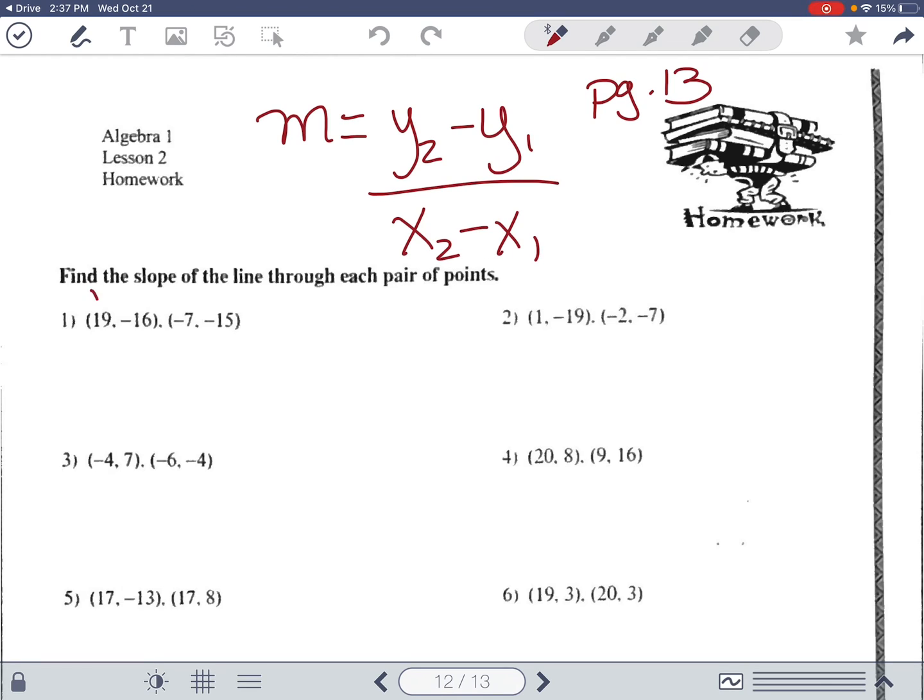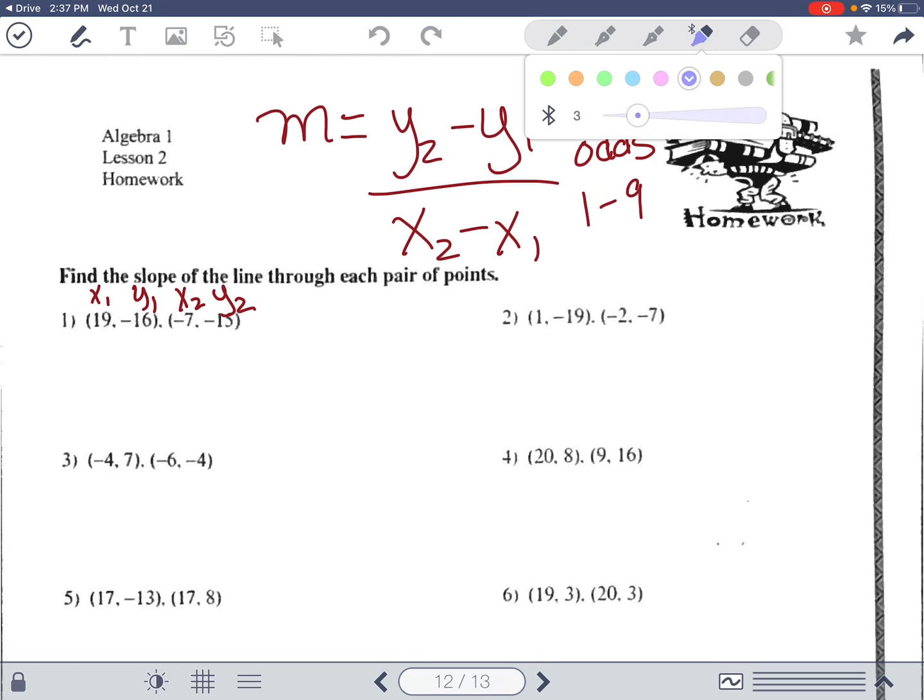You are to use that formula to calculate slope. And I want you to do the odds, so that's 1 through 9. You're going to do it and turn it in, and then I'm going to give you the key to it. So it's the odds 1 through 9.